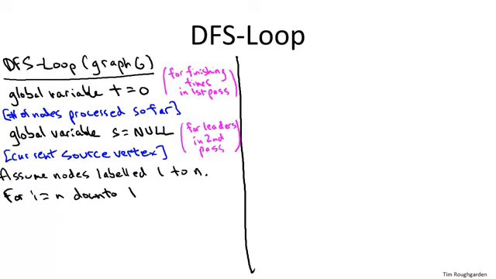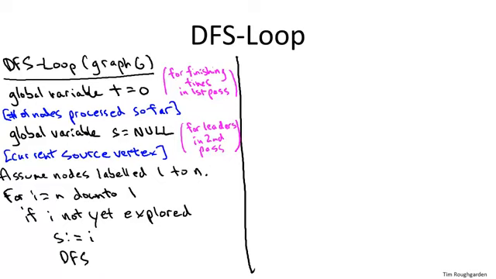So as usual, we're going to be maintaining a local Boolean to keep track of whether we've already seen a node yet in one of the DFS passes. Now remember, the global variable s is responsible for keeping track of the most recent node from which depth first search had been initiated. So if i is not explored and we initiate a depth first search from it, we better reset s. And then we do the usual DFS in G, starting from the source node i.